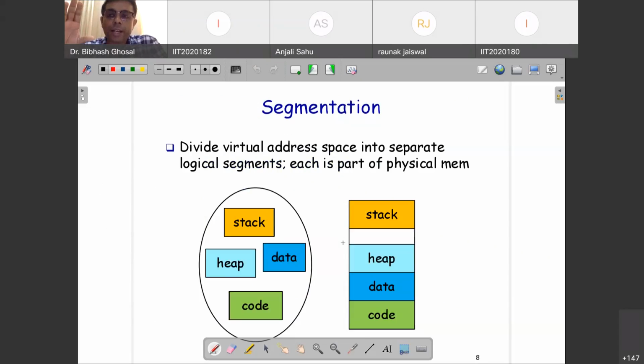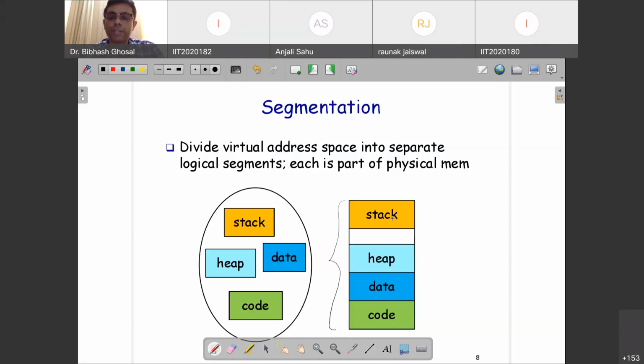If you look at the entire address range generated by the compiler after compilation of a program, the address space of a process consists of the stack, heap, data, and code portions. So you can treat these four different kinds of information as four different segments. The entire address space, this block that has been shown here, is the address space of a particular process.